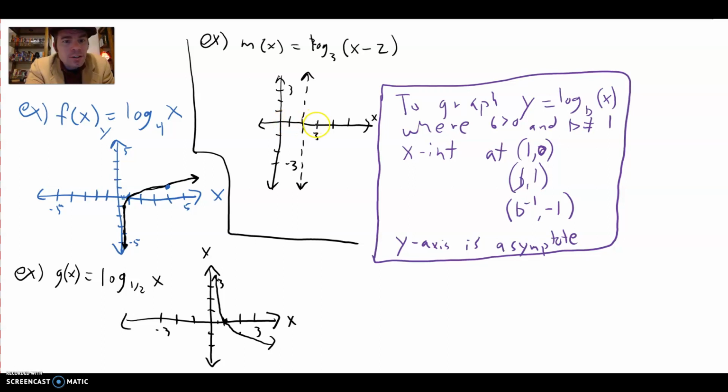It's going to be over here at (3, 0). But that's our version of (1, 0). Similarly, (b, 1), which should be at (3, 1), is going to be at 1, 2, 3, comma 1, based on this version of the origin. And finally, (b inverse, -1) will be (1/3, -1), but again, based on starting here. So if we subdivide that down, there's (1/3, -1).